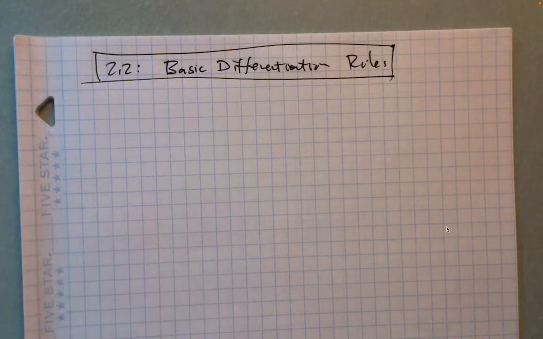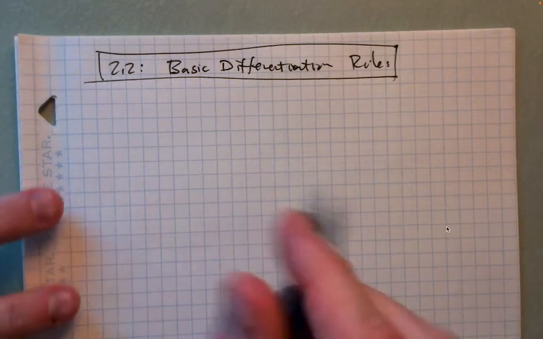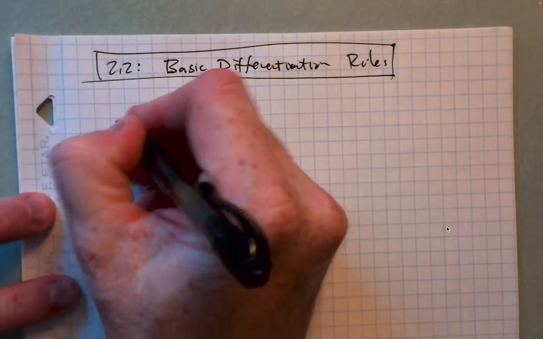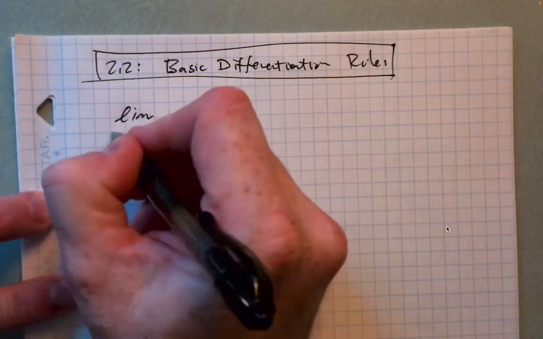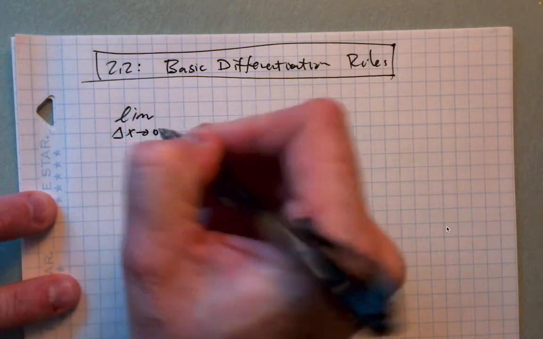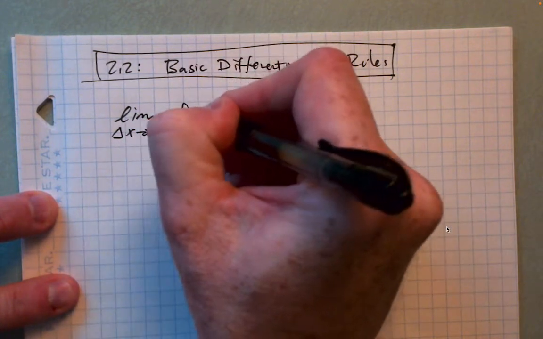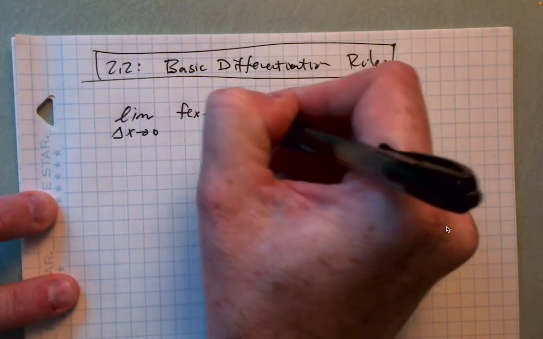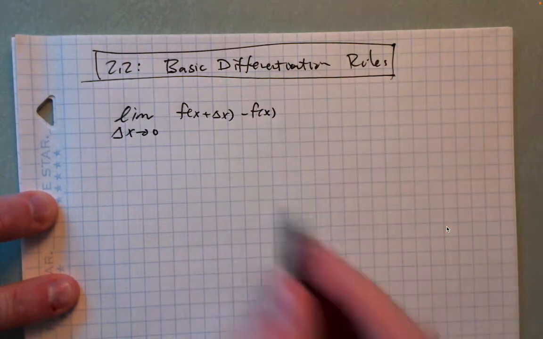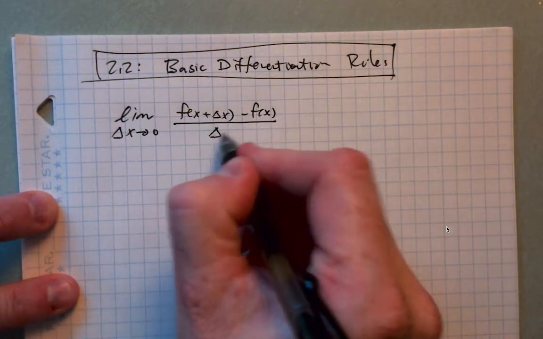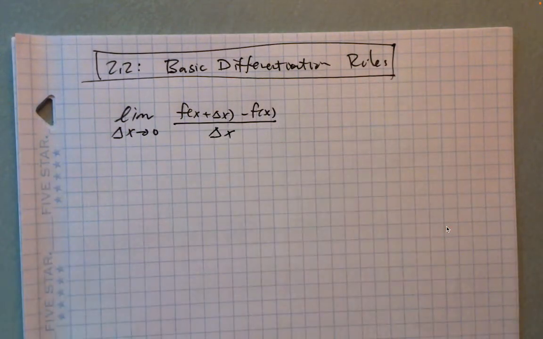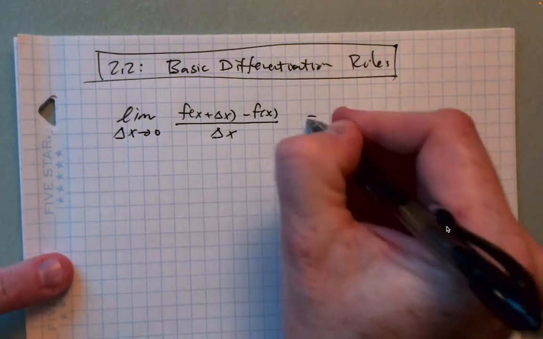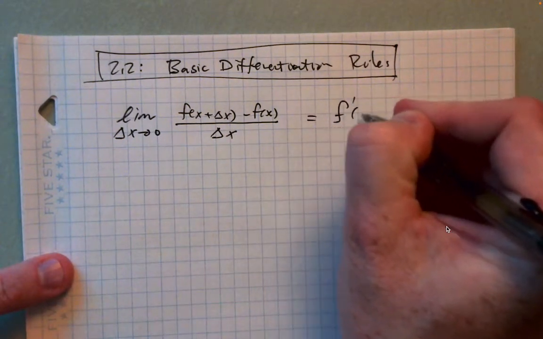So previously we used the limit definition, right? Remember, the limit definition said that the limit as delta x goes to 0 of f of x plus delta x minus f of x, all divided by that delta x variable, was the definition of the derivative.